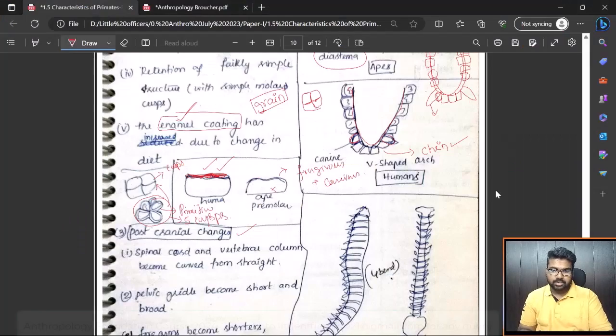Then we will move to the lower portion, that is the pelvic bone. What changes have happened in the pelvic bone, then to the thigh bone which is called the femur, then to the feet. We will look at changes that happened in the feet. These are the post-cranial changes that we need to look at. So let's look at those as well.